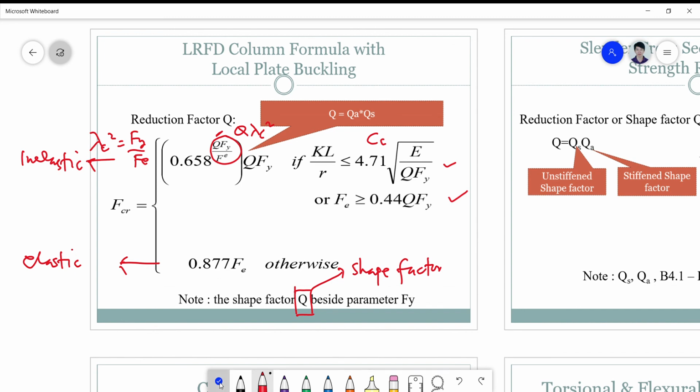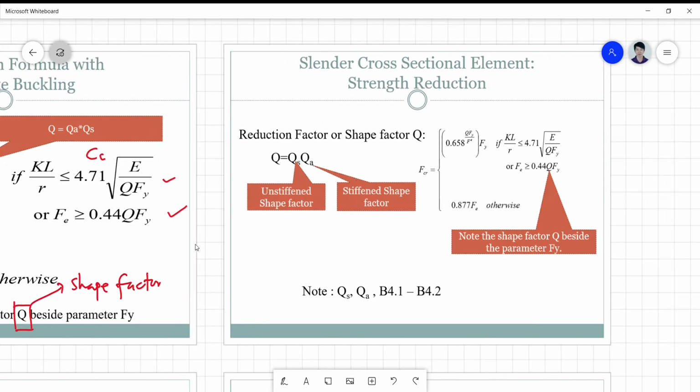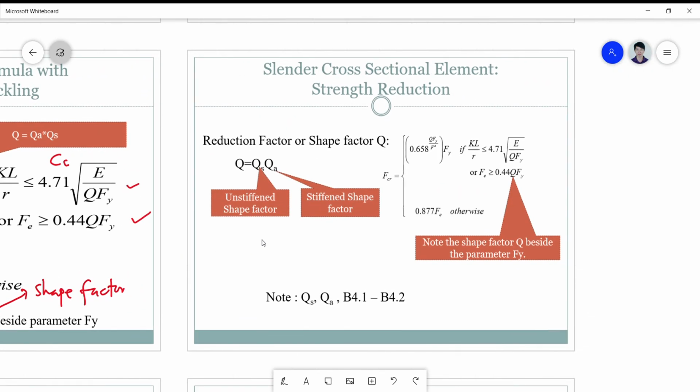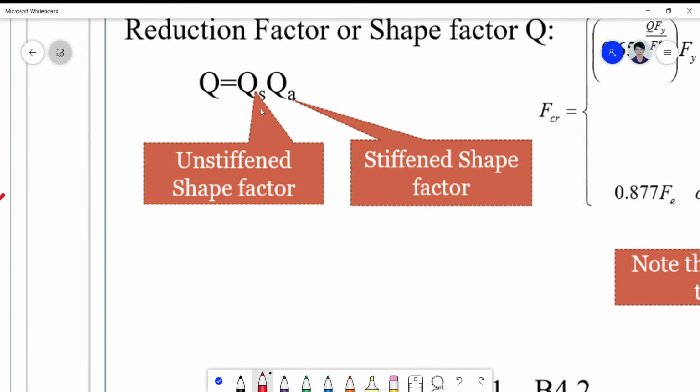Now, what is Q? Q is the product of Qs and Qa. So Qs and Qa are the shape factors for the unstiffened and the stiffened parts. Okay, take note that the S here stands for unstiffened, and the A there is for the stiffened part.